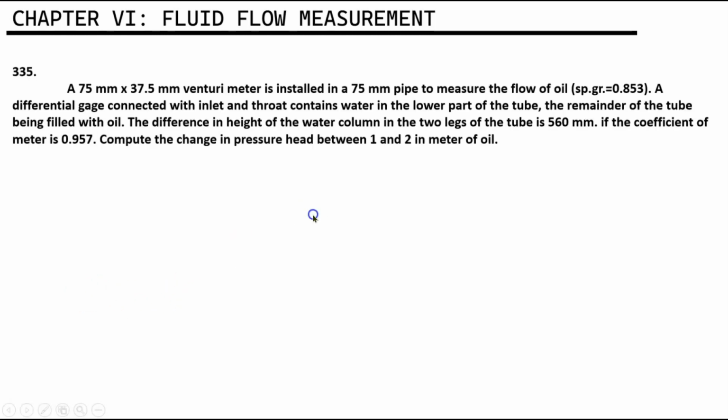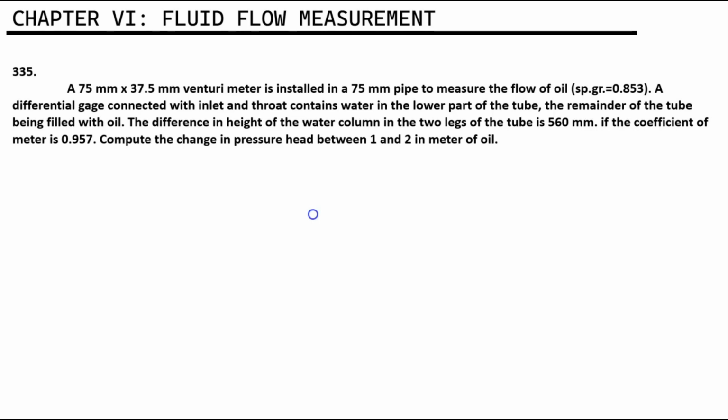So our sample problem here is related to a venturi meter. So here's a problem. A 75mm by 37.5mm venturi meter is installed in a 75mm pipe to measure the flow of oil with a specific gravity of 0.853.